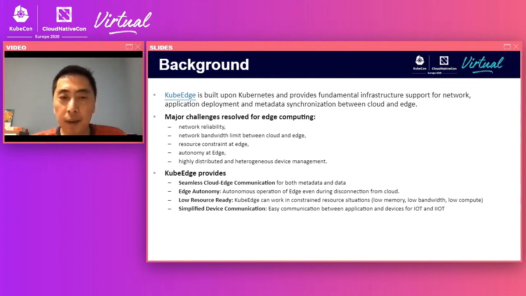KubeEdge can work in this scenario. And also, we have strong support for IoT. We simplified device communication, so it's very easy for the IoT application to communicate between the application and the device in the IoT scenario.